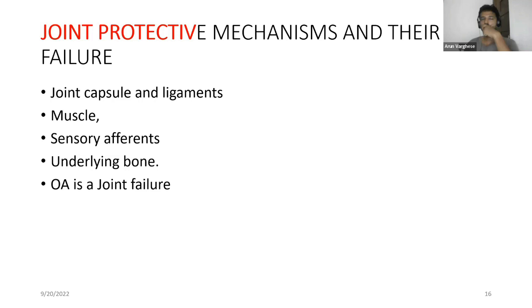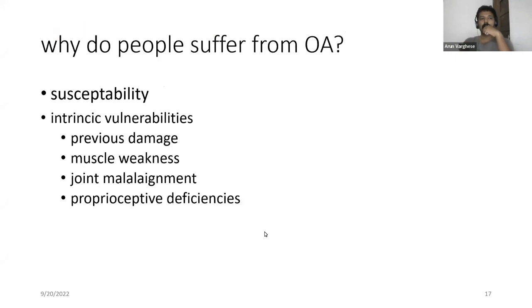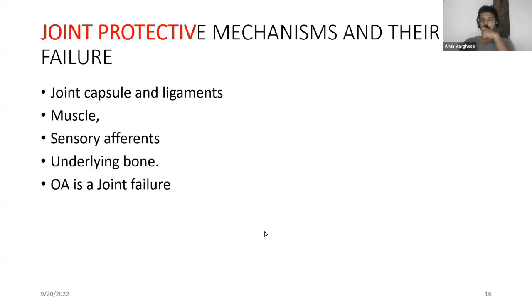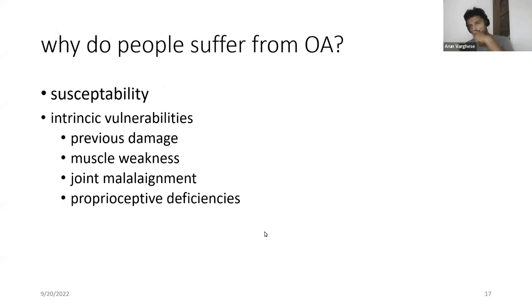Second, you are going to note in the case of diabetes mellitus, as a person develops peripheral neuropathy, this is one of the risks for it. And why do people suffer from osteoarthritis?